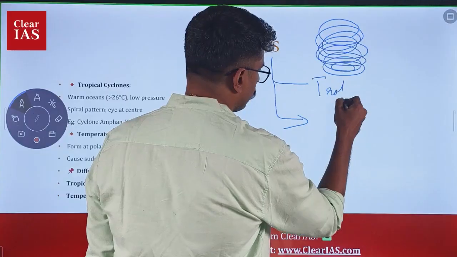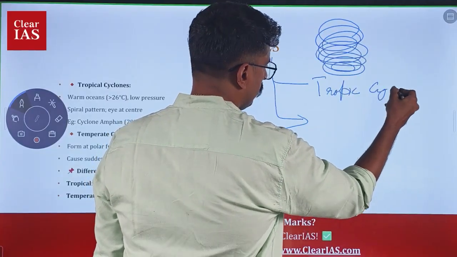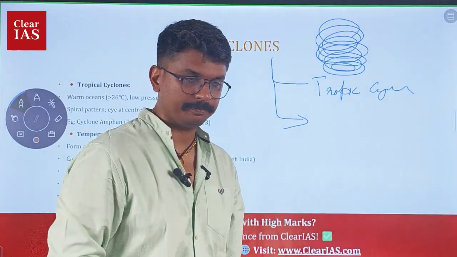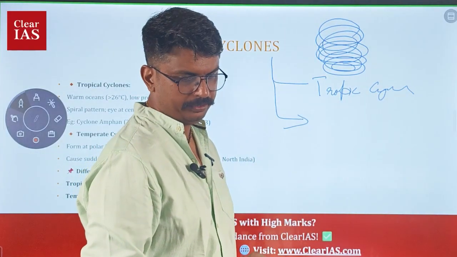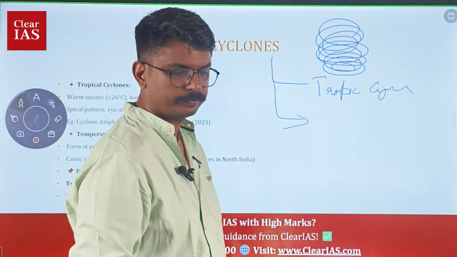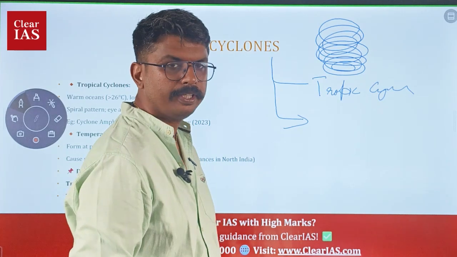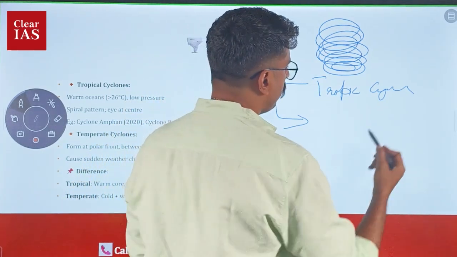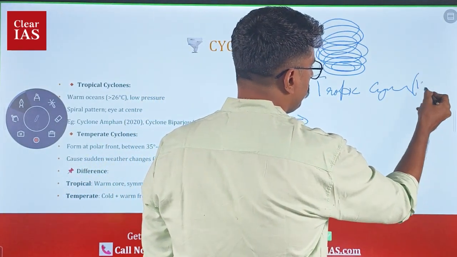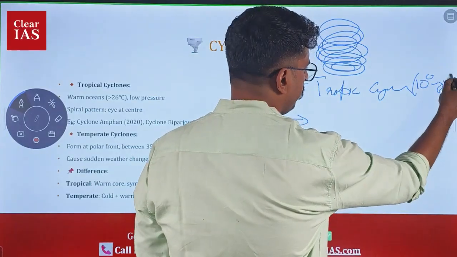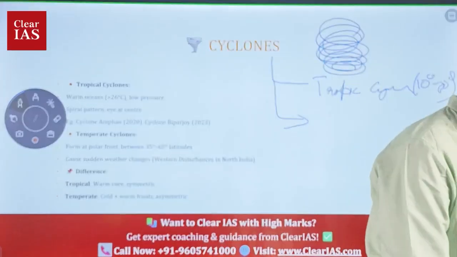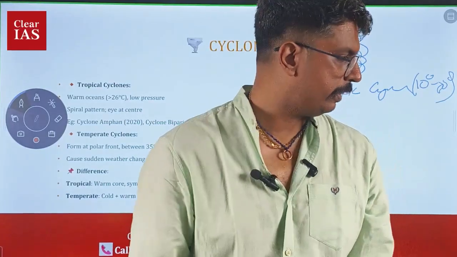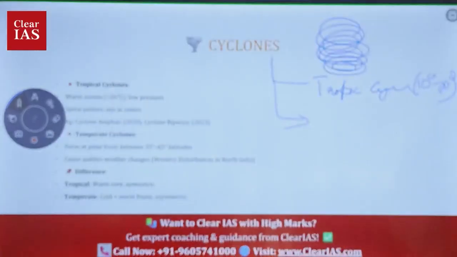Tropical cyclones, that India sees. We can see tropical cyclones between 10° to 30° latitudes, in both the northern and southern hemispheres.